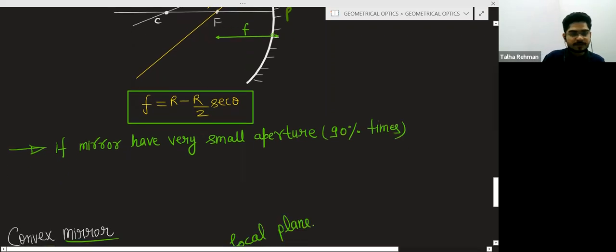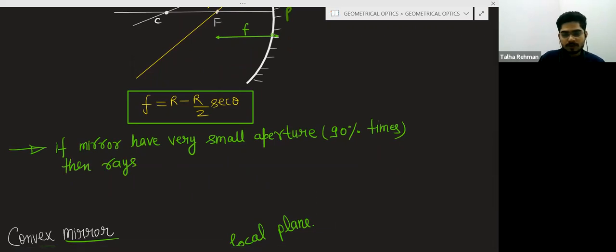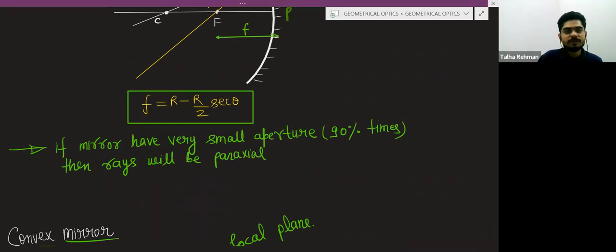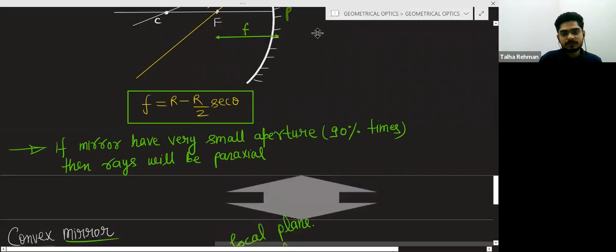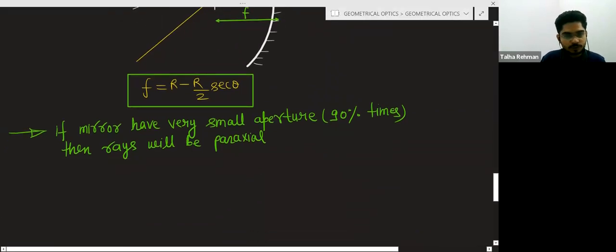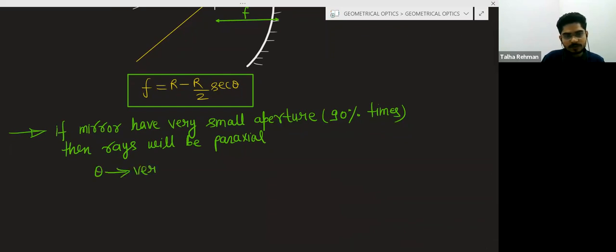Then the rays will be paraxial. So you can say that this theta is very small. If theta is very small, then sine theta can be written as theta.